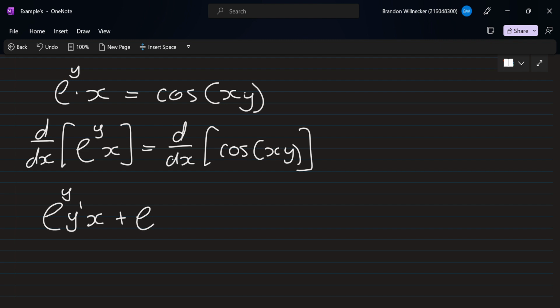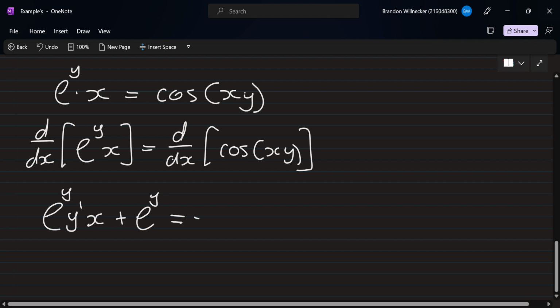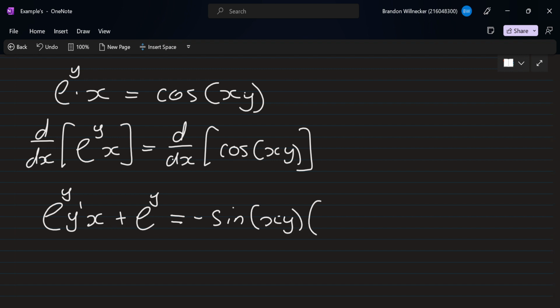Plus, we leave the first function alone, take the derivative of the second, but the derivative of x is just 1, so we can leave it like that. Then, the derivative of cos, that's going to be minus sine, so minus sine xy, times the derivative of the inside.